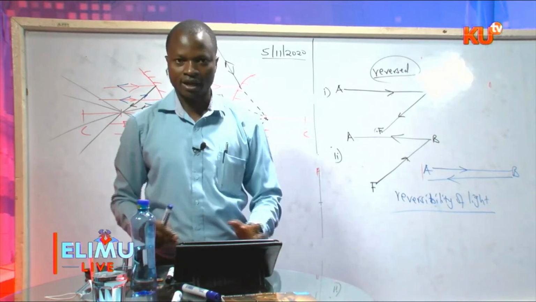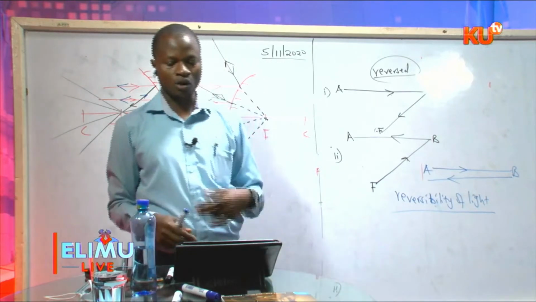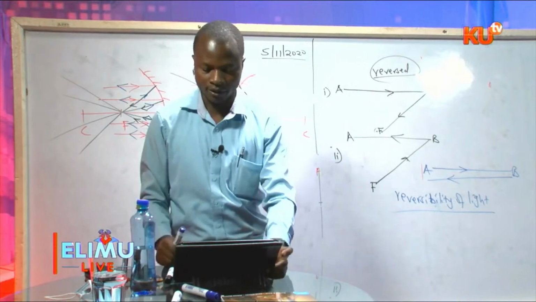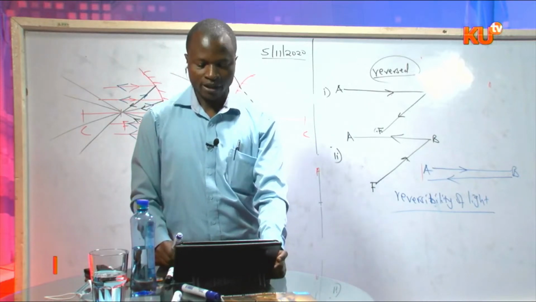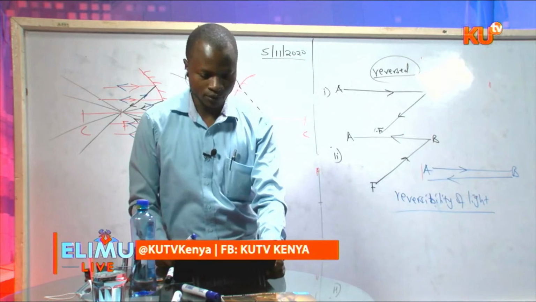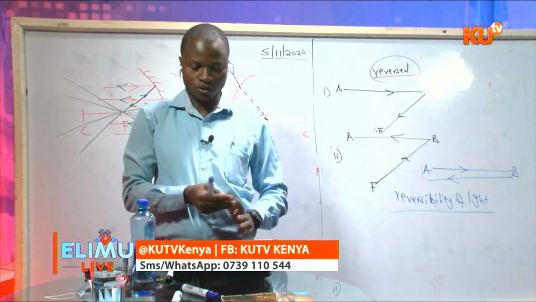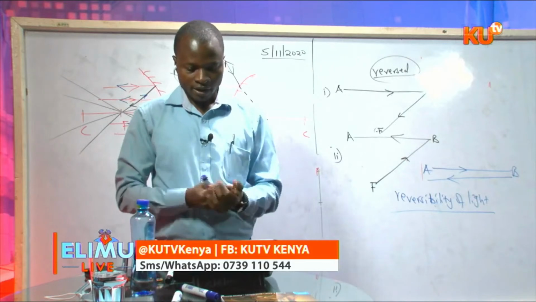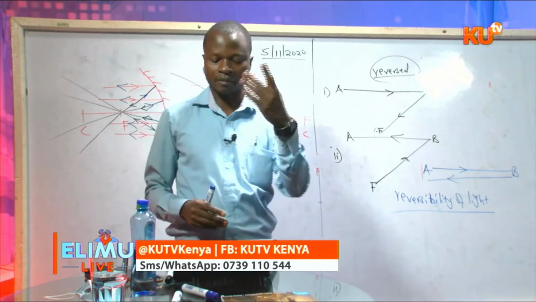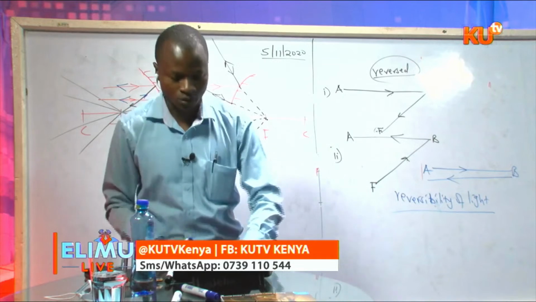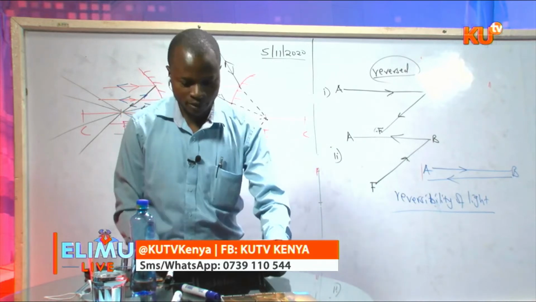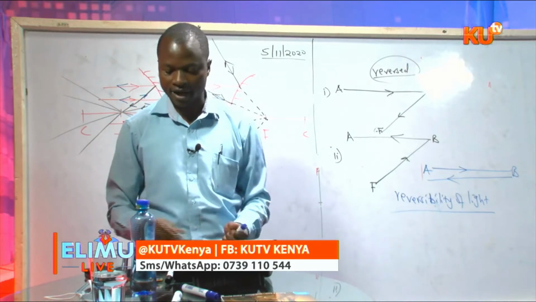That observation is called the principle of reversibility of light. Then we have already said that reflection at curved mirrors obeys the laws of reflection. Now, there are some practicals that you will do when schools resume. You will do some practicals to determine the center of curvature and to determine the focal length. You will do that when schools resume. So I want to skip those practicals and look at the ray diagrams.